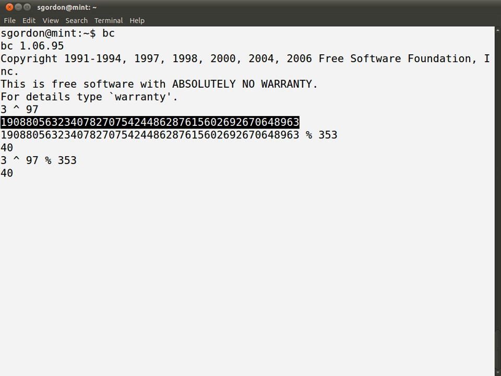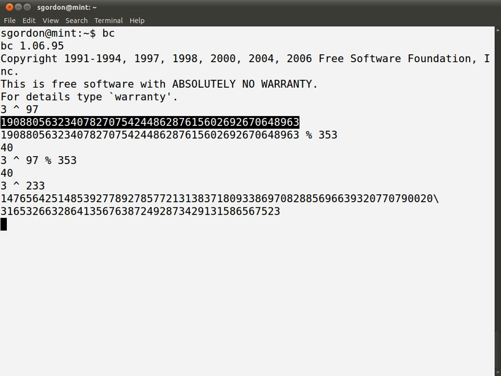And again, we need our calculator. Three to the power of 233, let's see if it handles the full calculation. Slash means continue to the next line. I'll do it all in one step. 248.